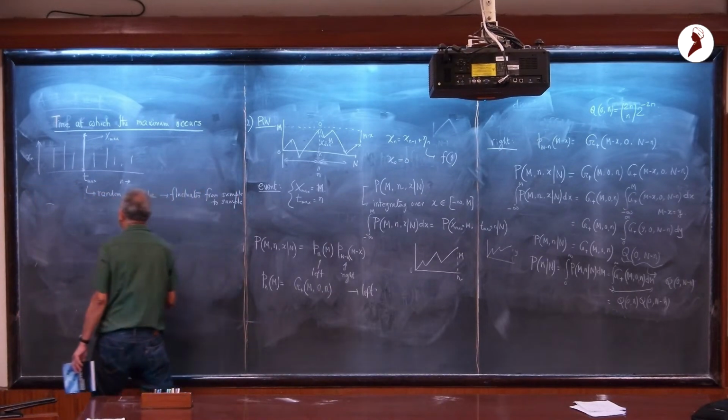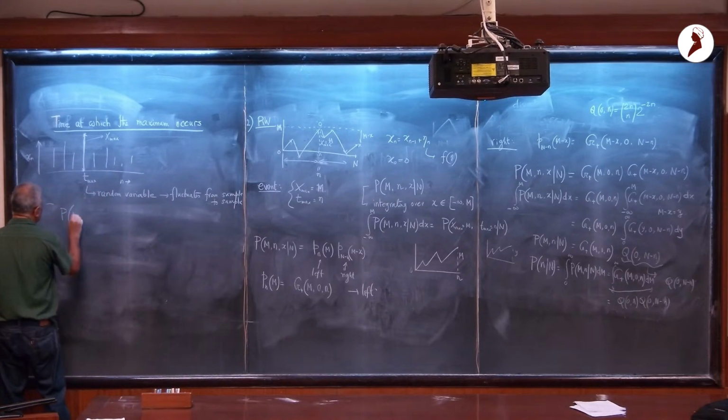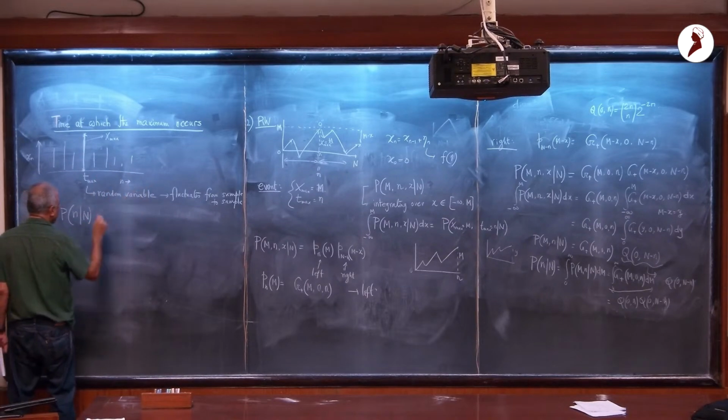So what do we have? We have the probability distribution of the time at which the maximum occurs, given that you have a total number of N steps in the random walk language.